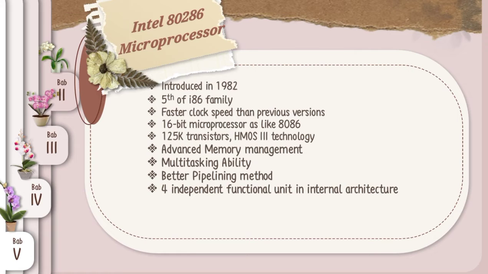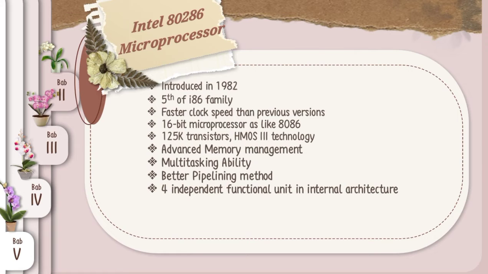And this Intel 80286 microprocessor is a 16-bit microprocessor, like the 8086. It has 125 gate transistors. So imagine 125 gate transistors. It is so many.